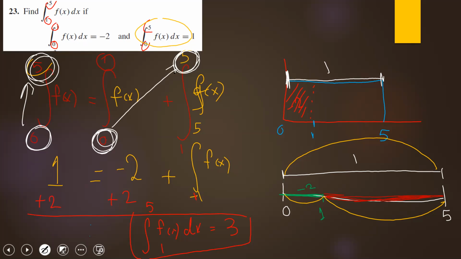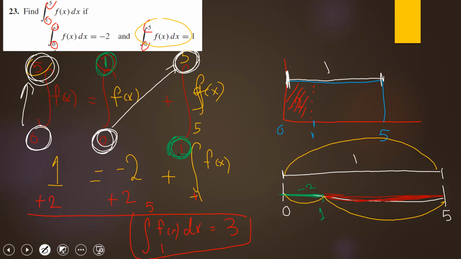If you pass through any number, which is number 1 here, you can use it, but you must write it at the end of the first integration and the start of the second integration.